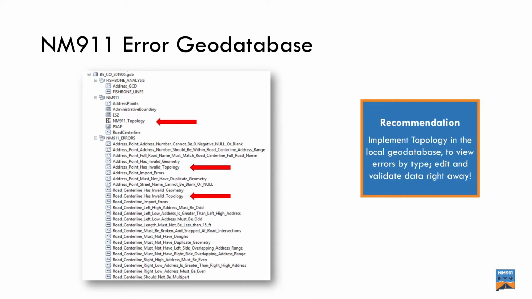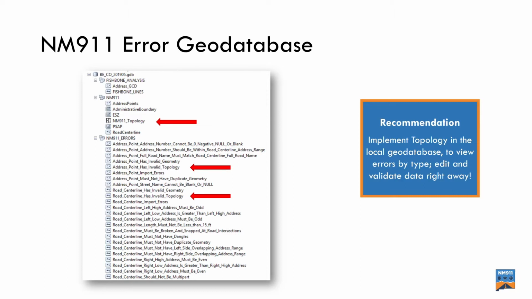The report and error geodatabase were made available on the NM911 data portal for geodata providers' review. Since the topology is built within the GIS data model and not on local data, topology errors were exported into separate feature classes. Providers can add those error feature classes or the NM911 topology itself to ArcMap to review errors.